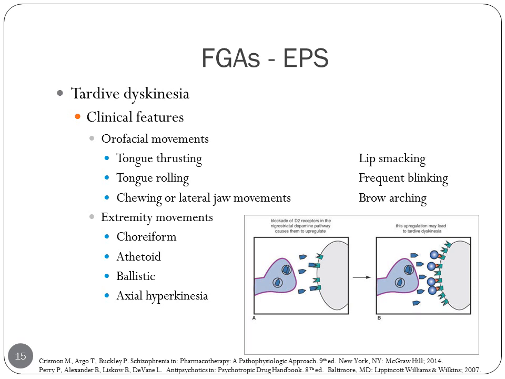So with tardive dyskinesia, we'll see a lot of oral facial movements. We'll see tongue thrusting, tongue rolling, lateral jaw movements in which it looks like the patient's chewing from side to side. You'll also see lip smacking, frequent blinking, and brow arching. You can also see movements in the extremities. Choreiform movements are movements we typically see with Huntington's disease.